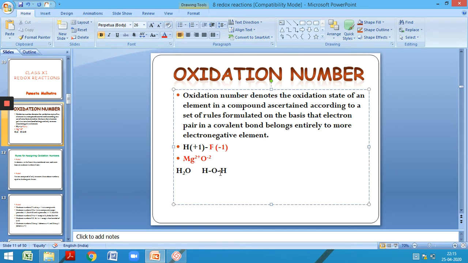So the electron pair of one oxygen-hydrogen bond belongs to oxygen, therefore a -1 charge is there because of this particular electron pair, and the other electron pair between this oxygen and hydrogen belongs to the more electronegative oxygen atom, so another -1 charge. The total charge on oxygen in water becomes -2, so the oxidation number of oxygen in water is -2, and that of each hydrogen is +1.